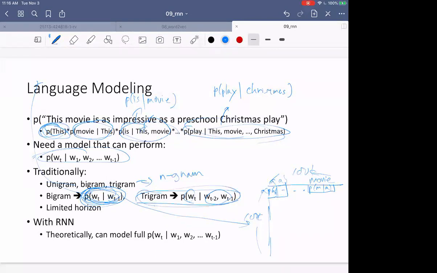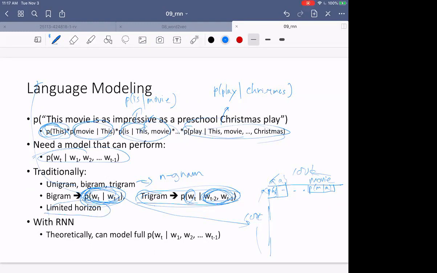But if you think of a trigram, then you need way more than just n squared entries, because you need a combination of all the words in your two previous words, and then given the next word, you need a lot more entries. Also, it has a limited horizon.